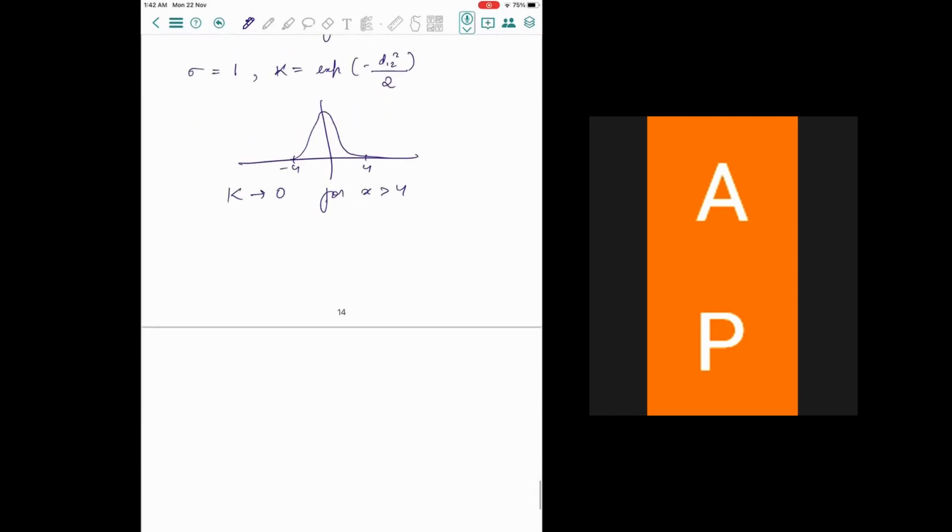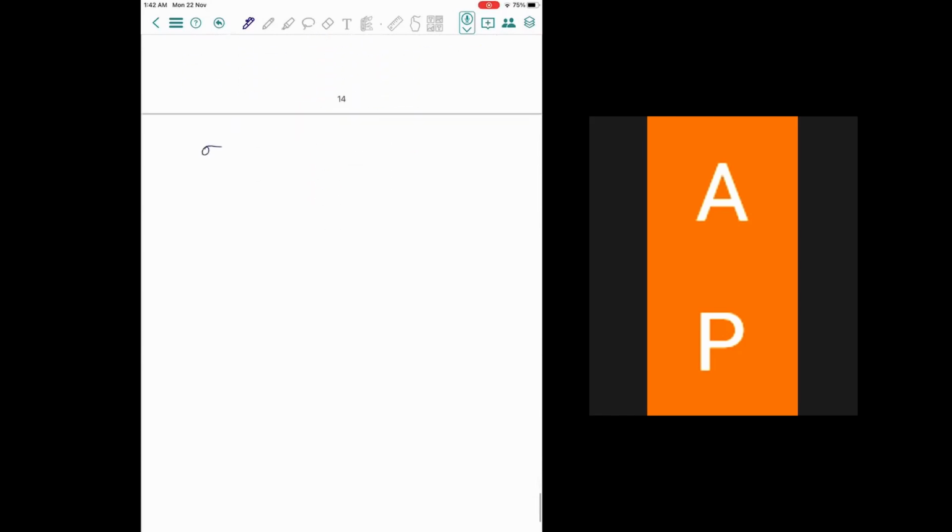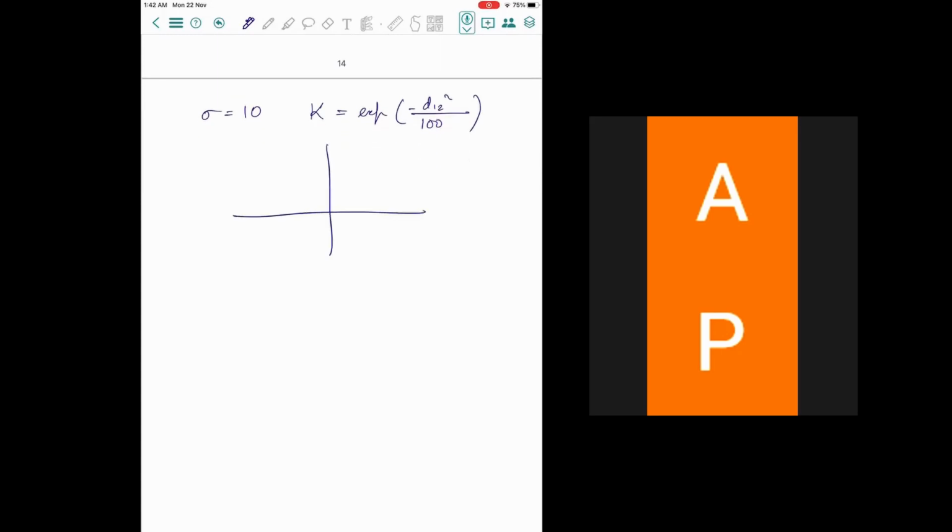Now sigma is 10, and for the corresponding k equation, you see we get a very broad valued graph.